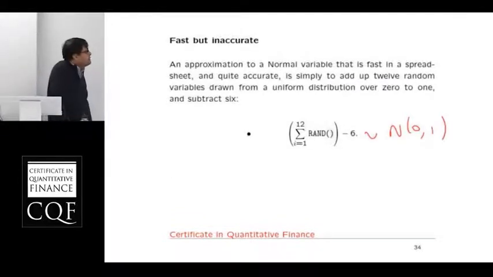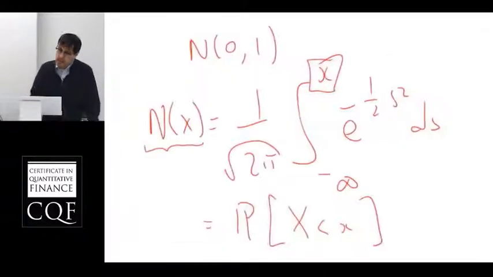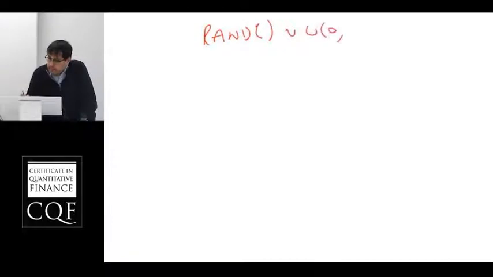So this will work. Why don't we do something slightly neater? Why don't we derive the general result for that? That's a special case. We know that rand is u01. That means it has a mean of a half and a variance of a 12th.